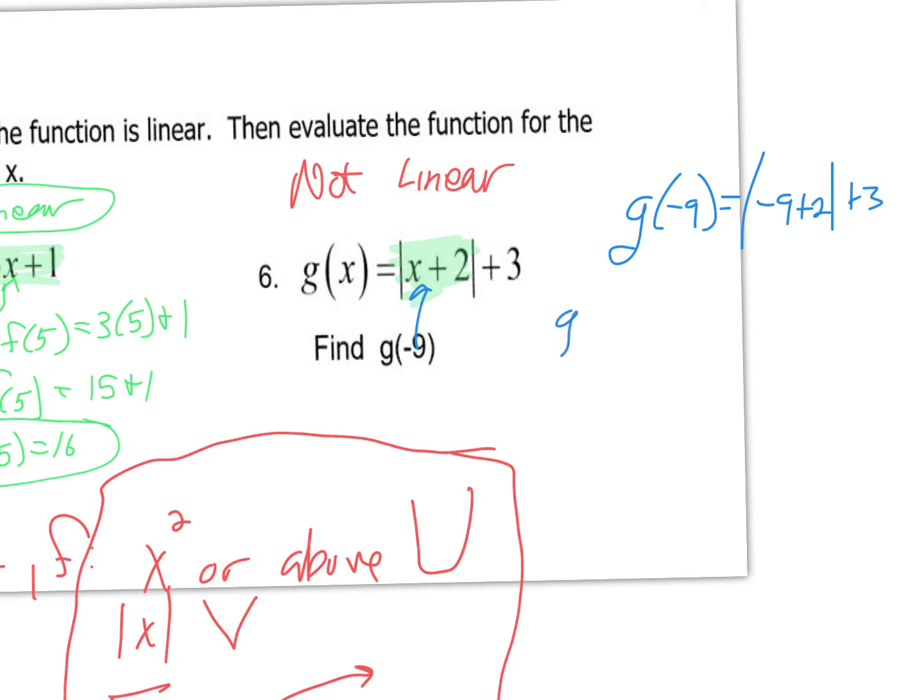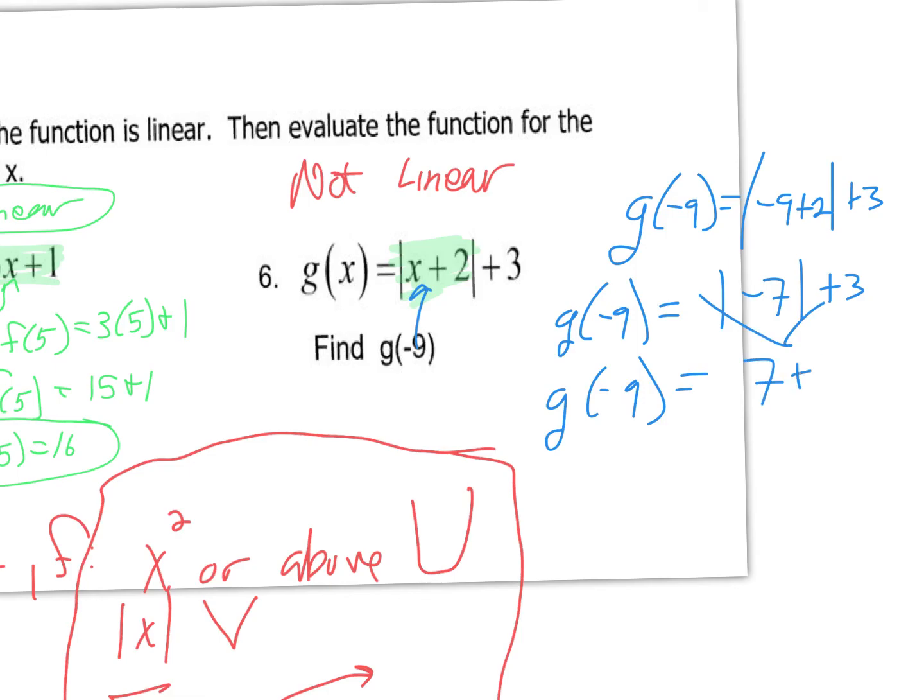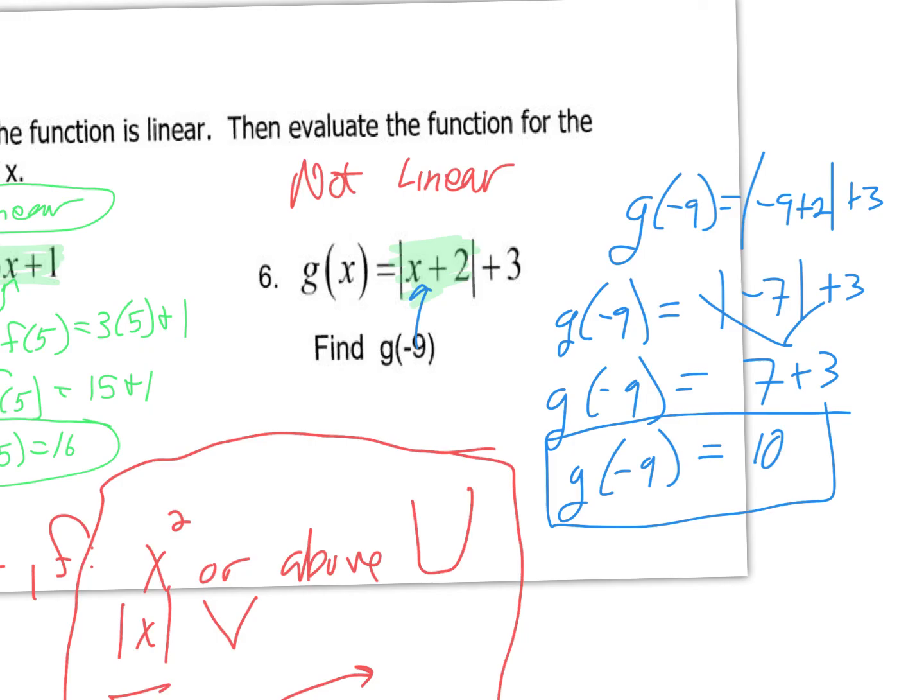Okay, so g of negative 9 is equal to the absolute value of negative 7 plus 3. Therefore, g of negative 9 is equal to, I snap the absolute value bars and get positive 7. Therefore, g of negative 9 is equal to 10. And there's that one. Okay.